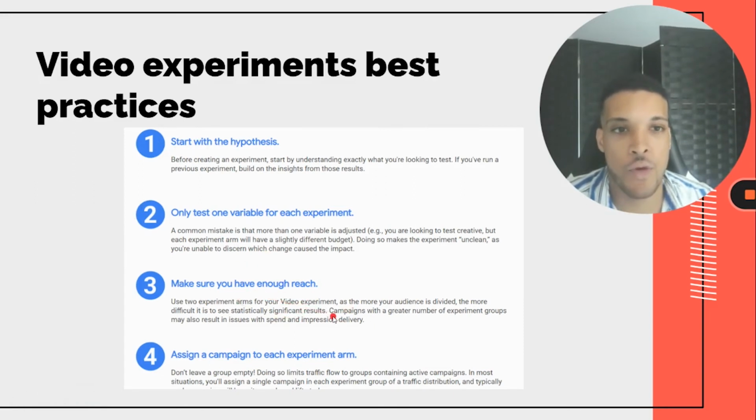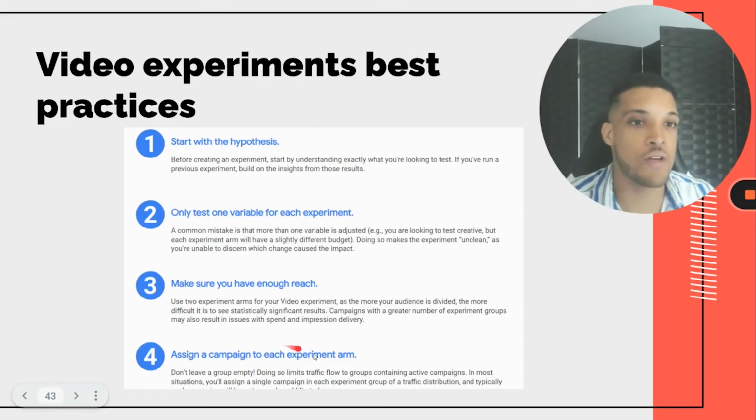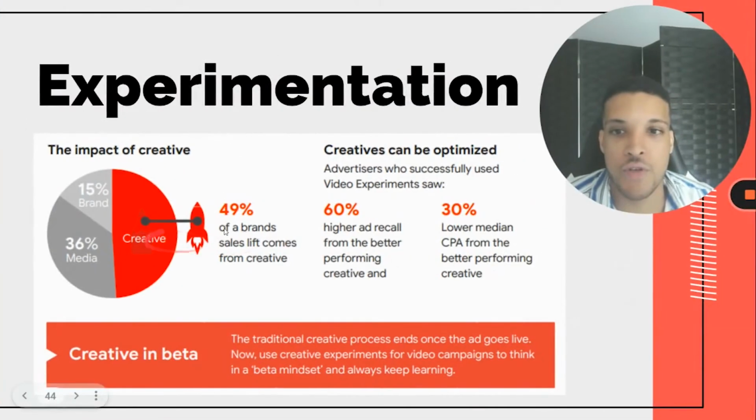You want to make sure you have enough spend in the actual video campaign so you can be statistically significant. And you want to assign one campaign to each experiment arm, so you have one video, one targeting, one campaign versus the same but for a different targeting. So you can see experimentation with creative is the best way to essentially scale your brand, clients, or retailers.